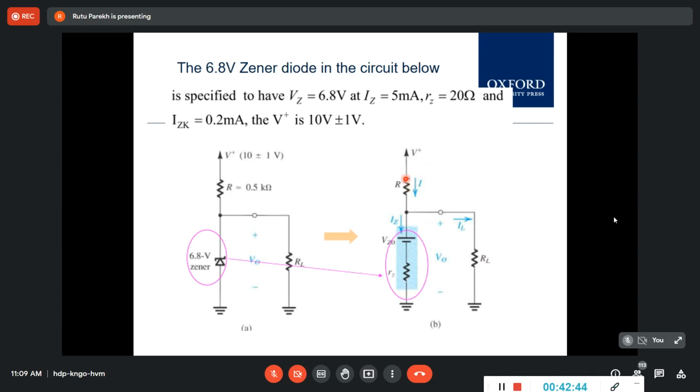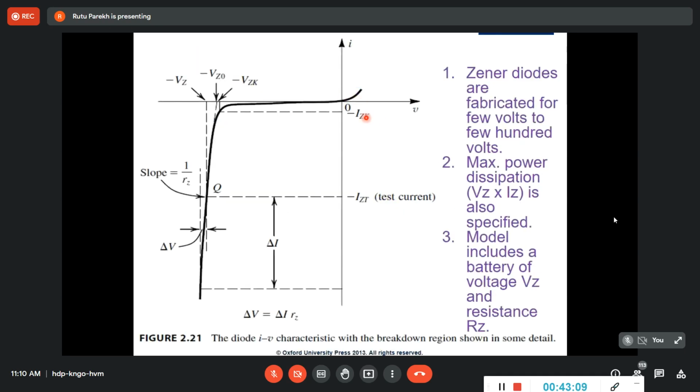Okay, so this IZ is given, and this RZ is given, and VZ0 is not given, but if this is given, we can find out VZ0 also. And as we move ahead, I'm going to explain it. And then IZK is 0.2 milliamp. So in that IZK, as you had seen here, where is IZK? This. Okay, so that is given.